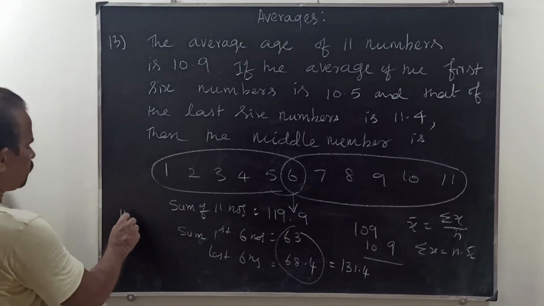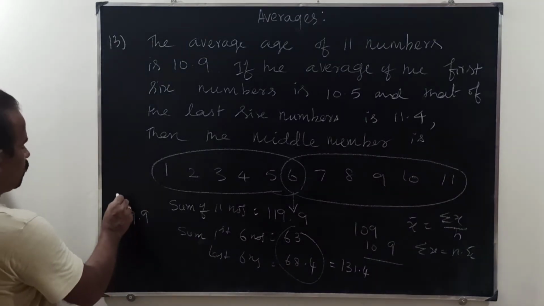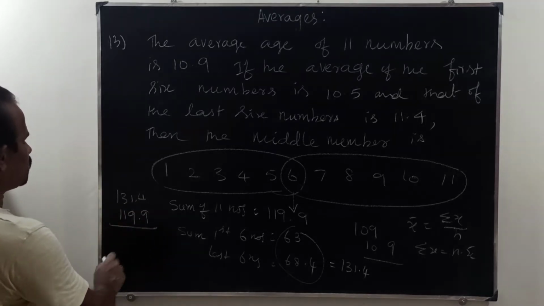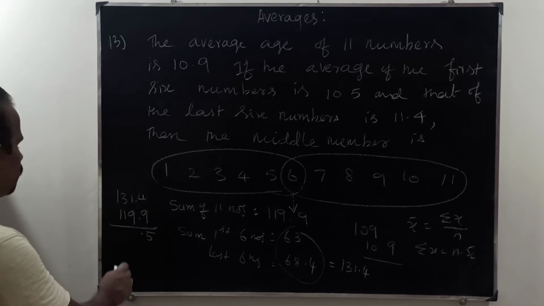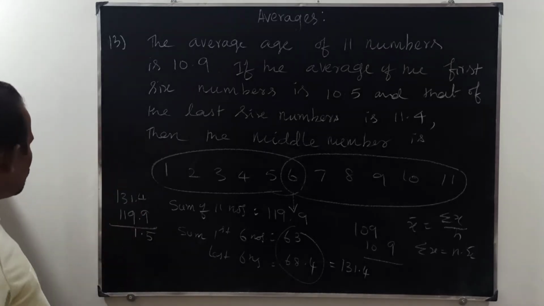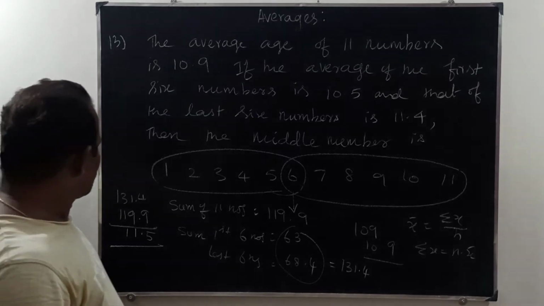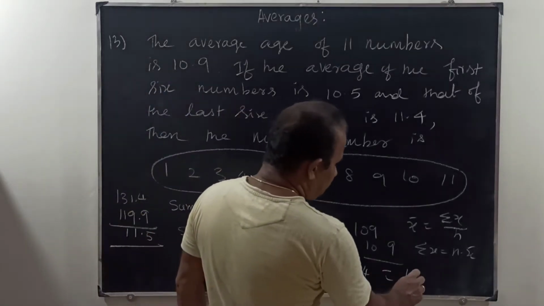So 131.4 minus 119.9 is equal to 11.5. So the answer is 11.5.